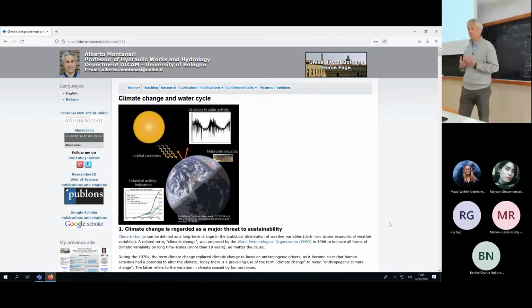And I give you a practical example. It seems that human emissions are not responsible for the duration of long-term droughts. The climate models say that if I increase the emissions, it looks like the climate predictions underestimate the duration of long-term droughts.